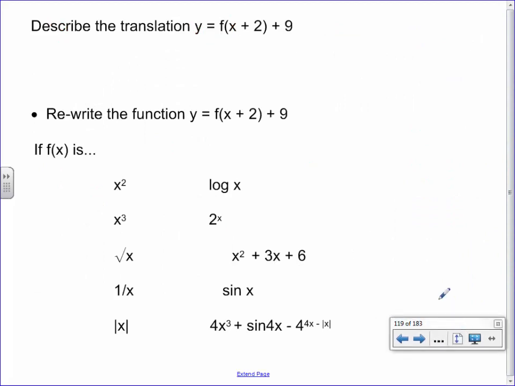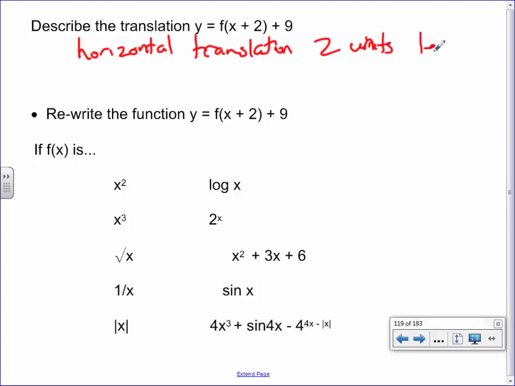So if I were to ask you to put this into words, there's another thing they could assess you on. It's like, what's the vocabulary you might use? So here are the terms you might have. You might say that you have a horizontal translation 2 units left. That's the terminology you might come across.